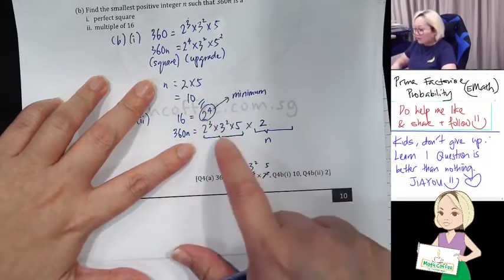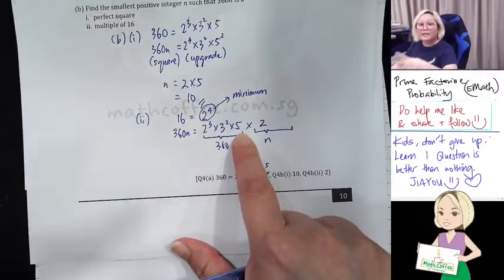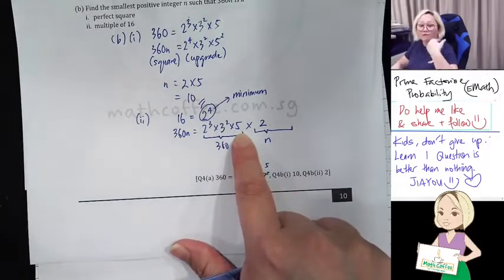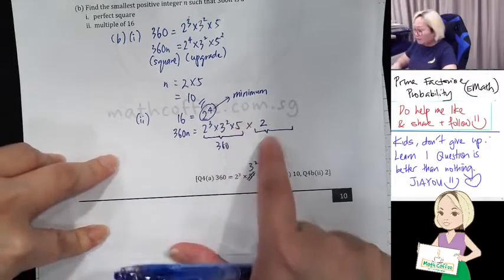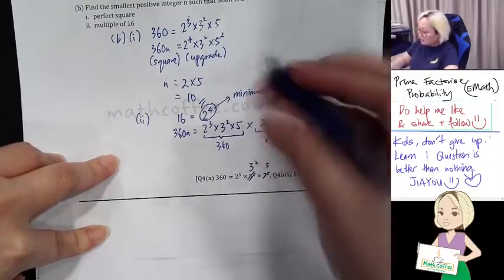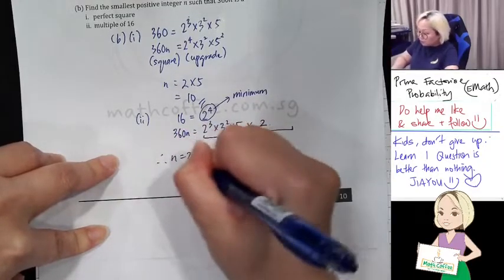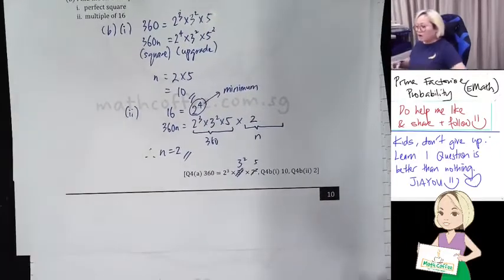When I have the 3^2 or 5, it doesn't matter, because you can have more, but you cannot have less. So you don't need to bother about the 3^2 and 5. So in other words, your n is simply just 2. All good.